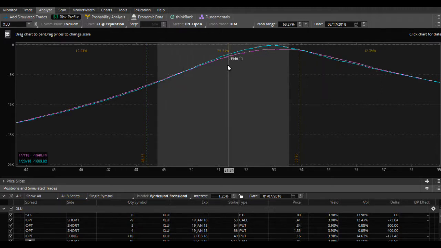So it's looking like we're down quite a bit in the security, but we've also banked some profits there. I'll have to clean this up just a little bit after we get through 2 of these expiration cycles. But XLU certainly did move a little bit beyond the original strike that we had at 54.